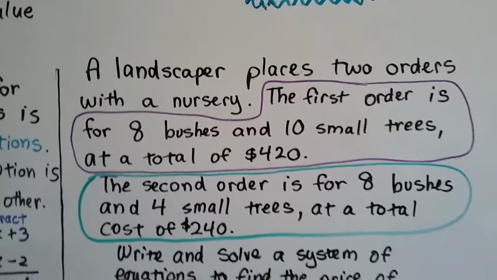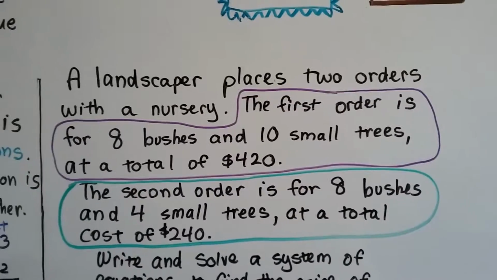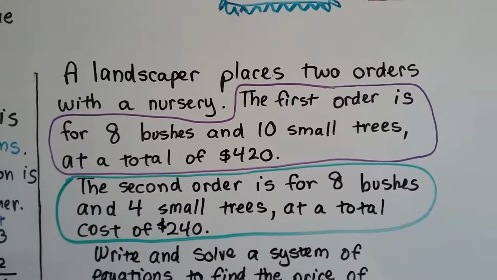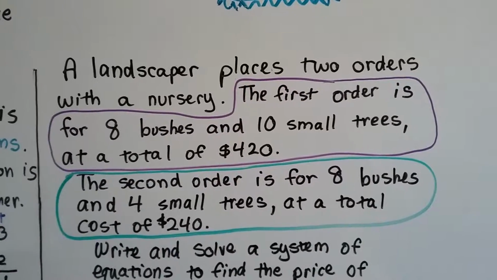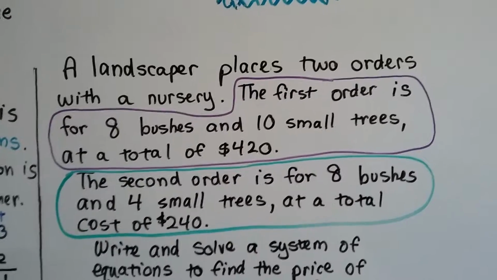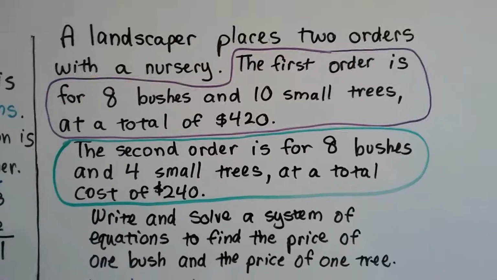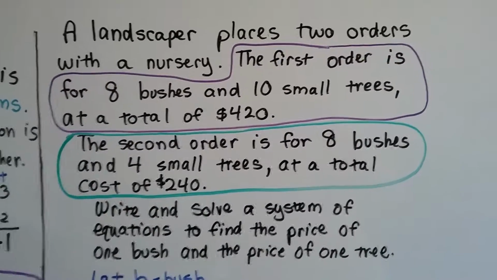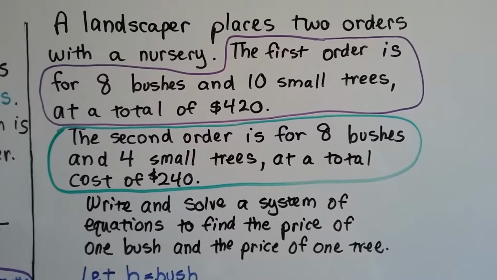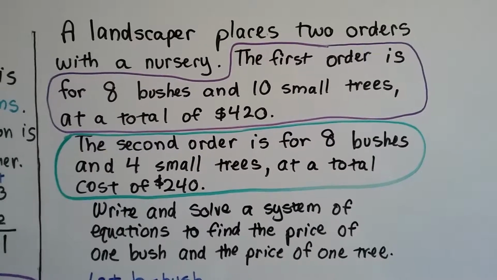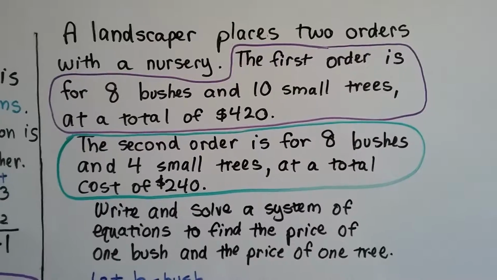Here's our problem. A landscaper places 2 orders with a nursery. The first order is for 8 bushes and 10 small trees at a total of $420. The second order is for 8 bushes and 4 small trees at a total cost of $240. Write and solve a system of equations to find the price of 1 bush and the price of 1 tree.